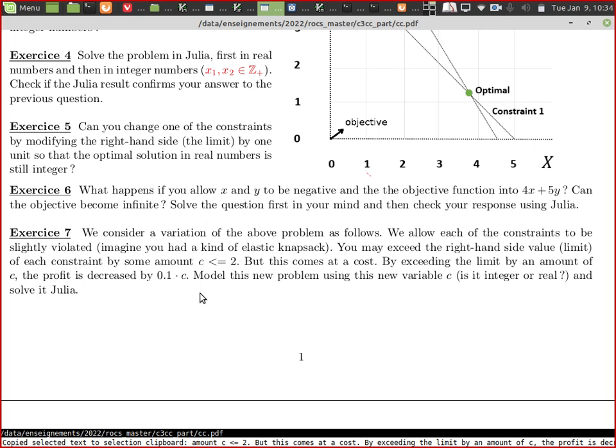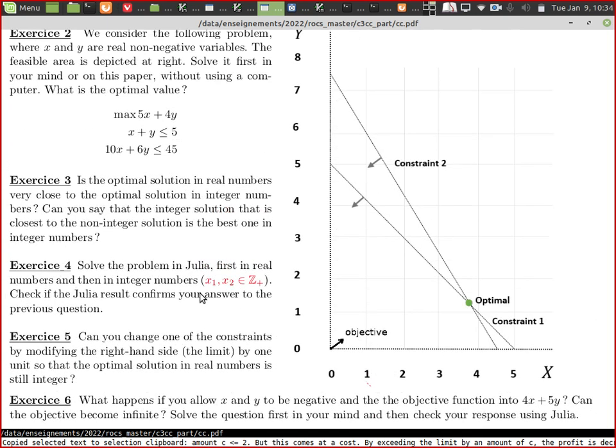What's the new problem now? Yes, we add some C here. But in the objective, it's a penalty, because it's something we pay.